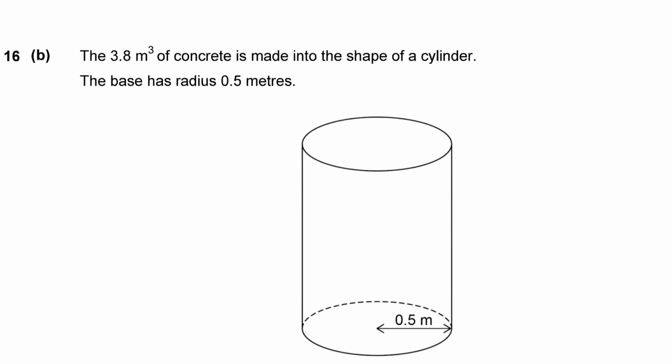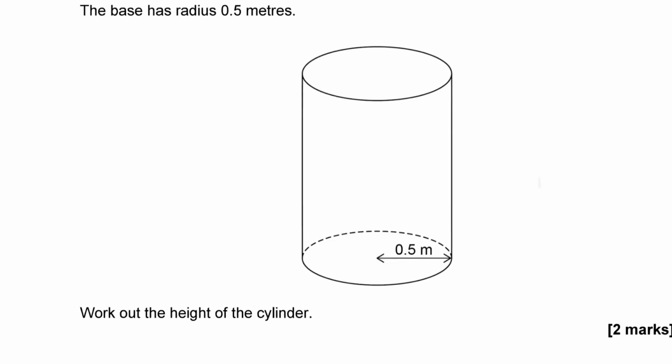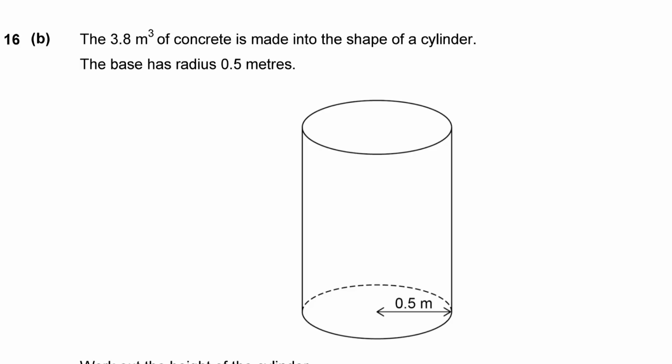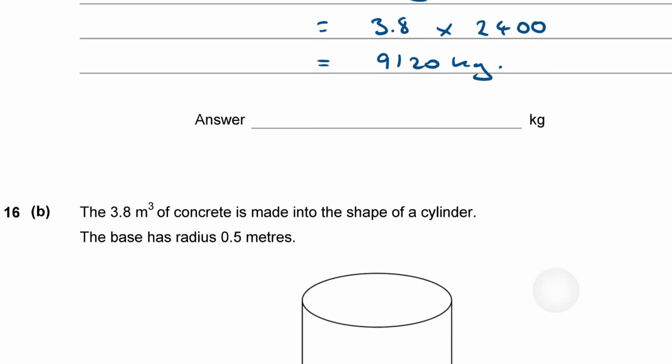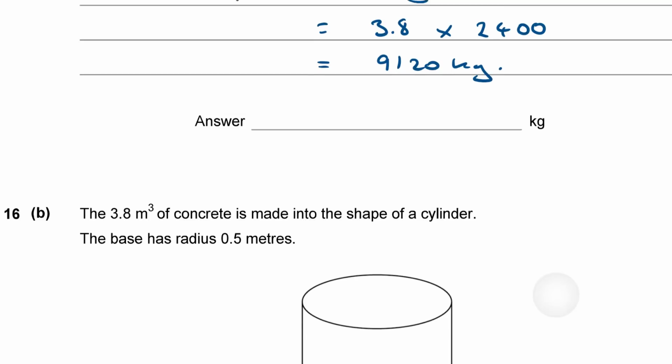Okay, part B. The 3.8 cubic meters of concrete is made into the shape of a cylinder. The base has a radius of 0.5 meters. Work out the height of the cylinder. Okay, so what do we know? We know the volume, don't we?